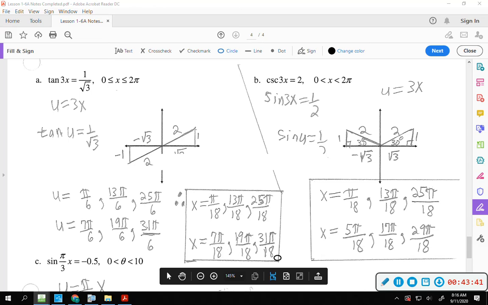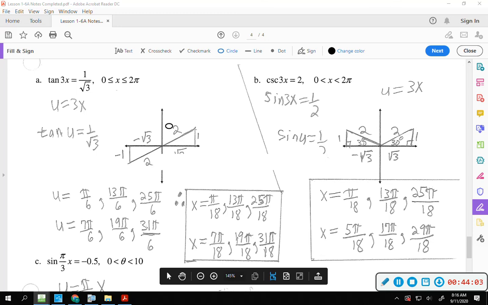Now, are all of these values between 0 and 2 pi? Yes. 2 pi is the same as 36 pi over 18. So all of these values are between 0 and 36 pi over 18. Look at the numerators. They're all in this interval for our answers.